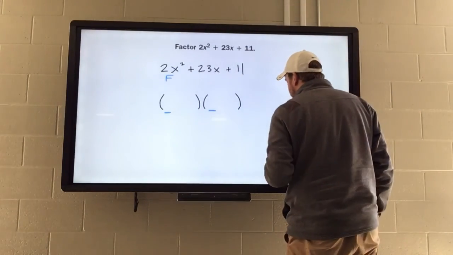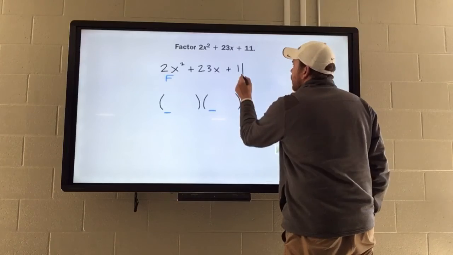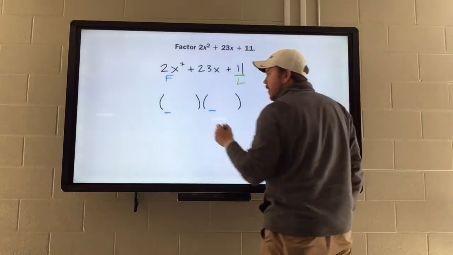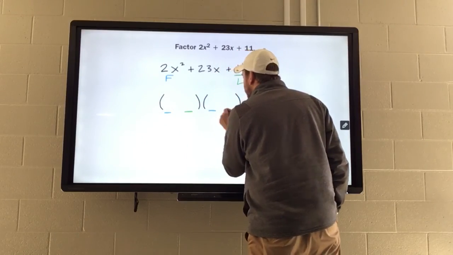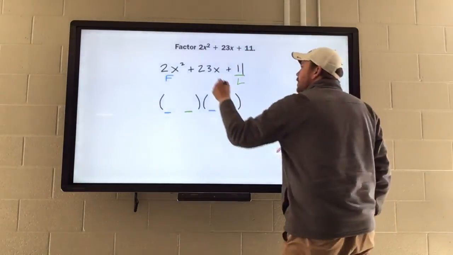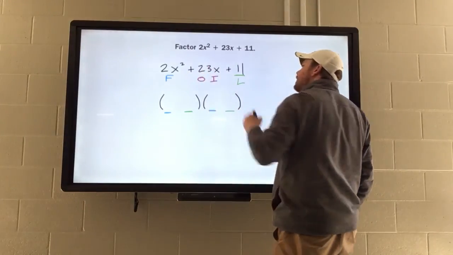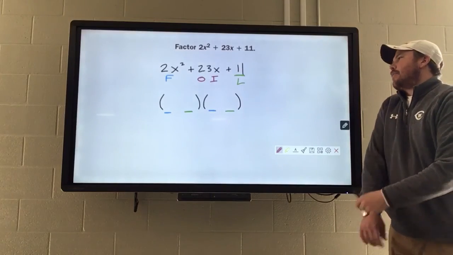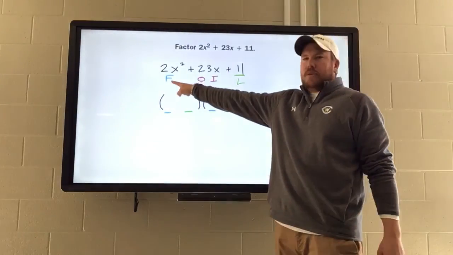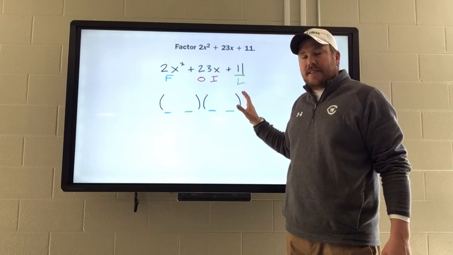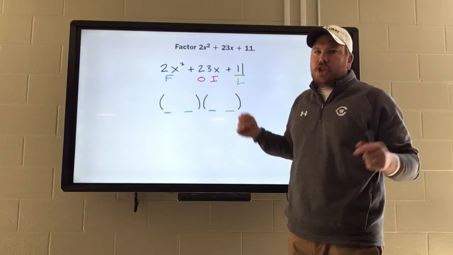Our last term is given by the L, where we multiply the last two numbers together. And the middle term is given by the outside and the inside. So there's our FOIL. Now we're going to use the blue and the green to create a good guess, and then we're going to FOIL it to check.